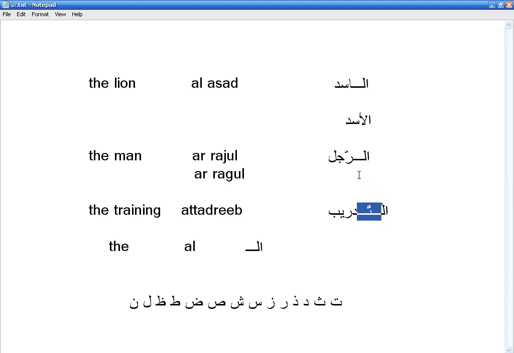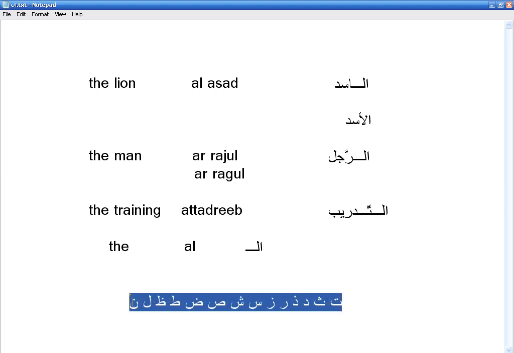And that's what happens with this letter and this letter and these letters as well. You can see that these two letters we've just talked about are also among these letters as well.